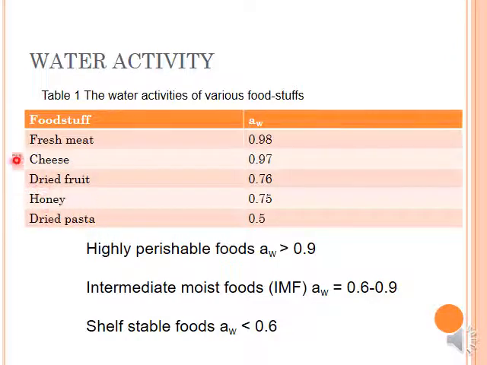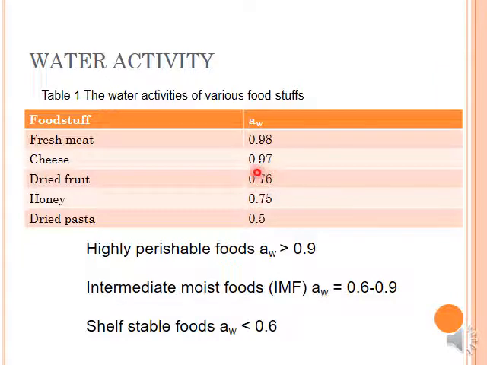Honey and dried fruits are categorized as intermediate moist food, which is more stable compared to highly perishable food, but the shelf stability is still short.